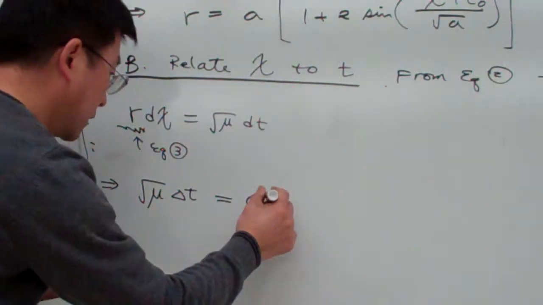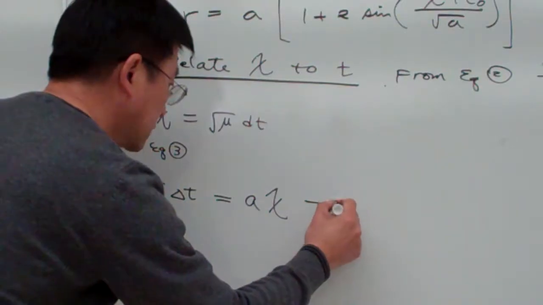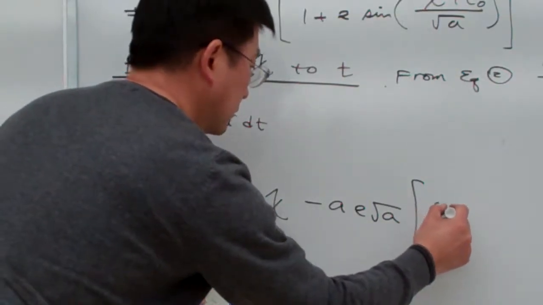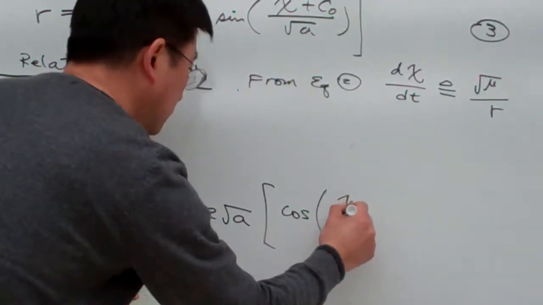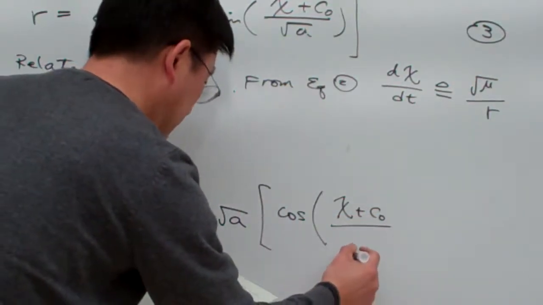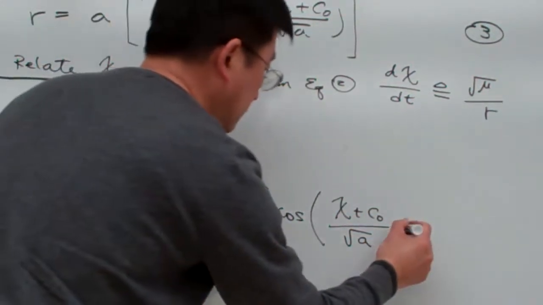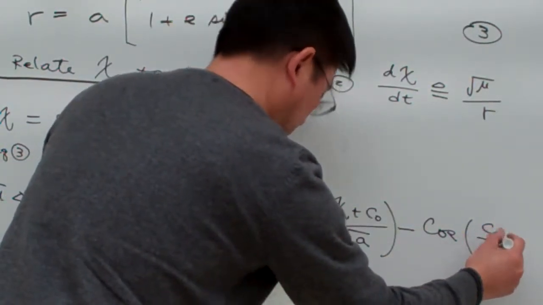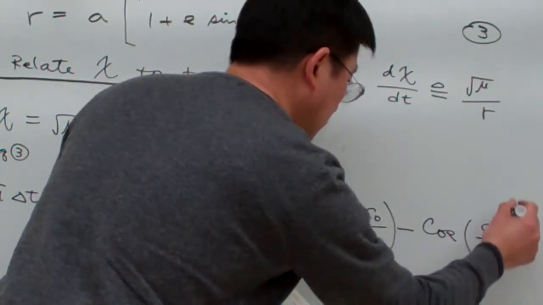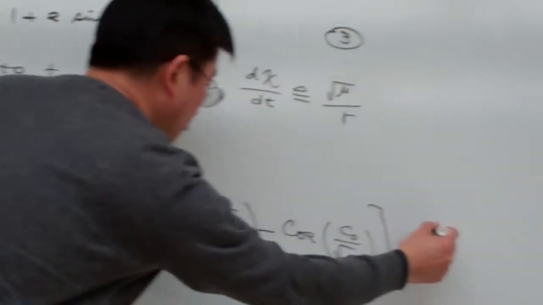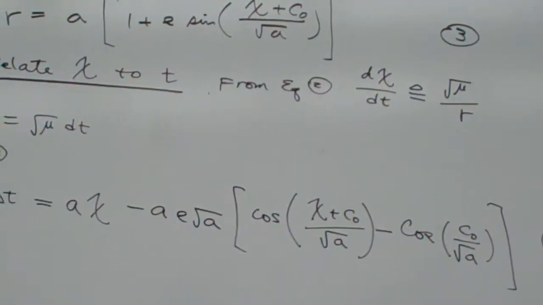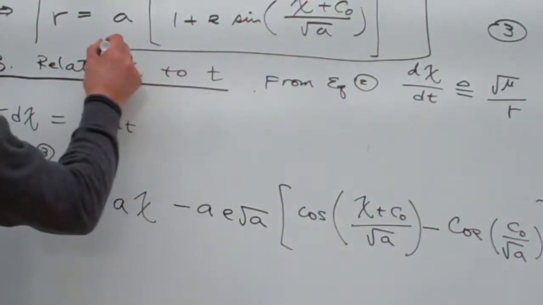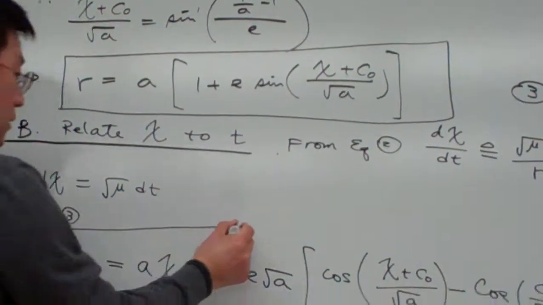So that one is a c minus a e squared a cosine. That is equation 4.